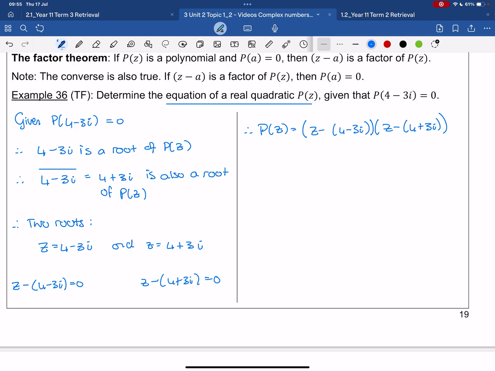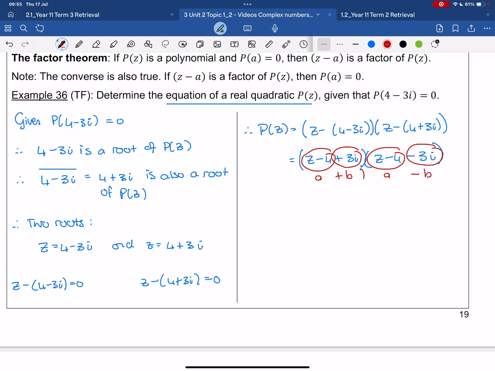And now all I have to do is expand that. But there is a way that we can make that nice and easy, because if I expand, I'm going to have Z minus 4 plus 3i and Z minus 4 minus 3i. I can see that that can be written as an a minus b, a plus b, because look here, Z minus 4, Z minus 4, plus b, minus b.